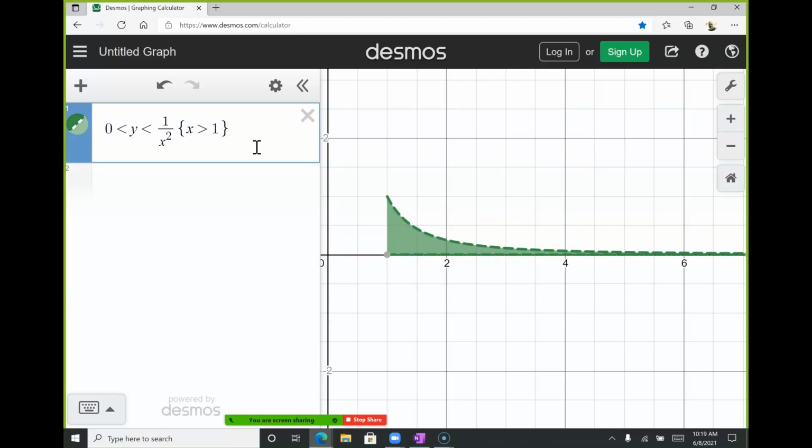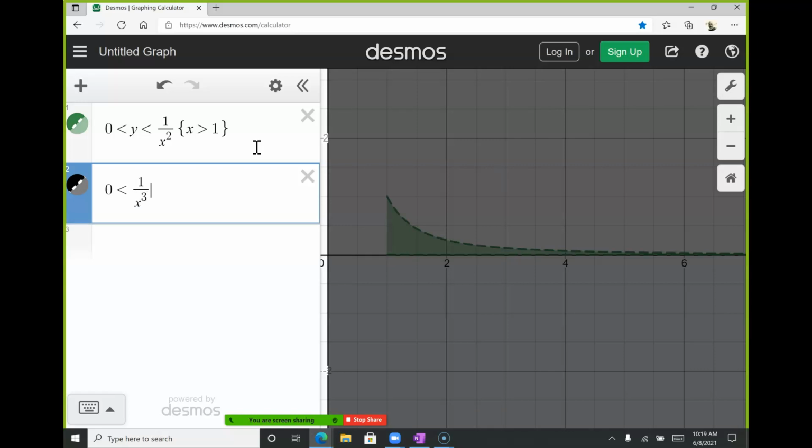Show me that the area under 1 over x squared is finite. And then I look at 1 over x cubed.